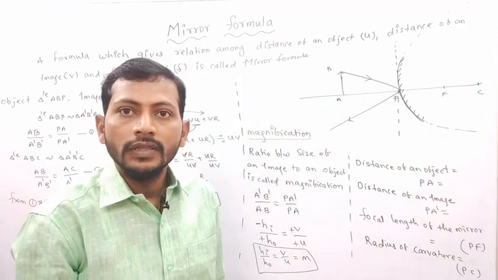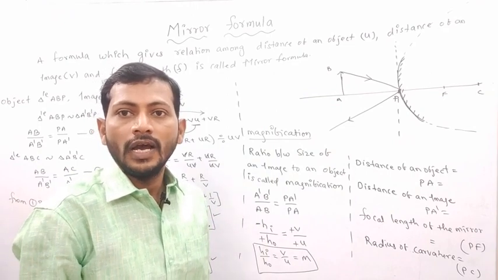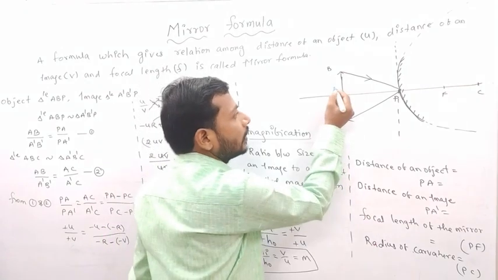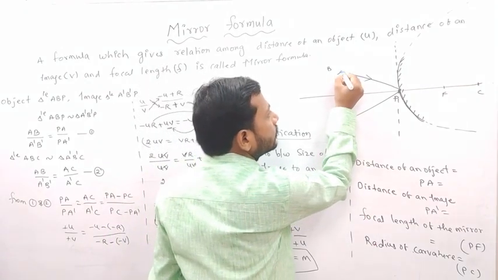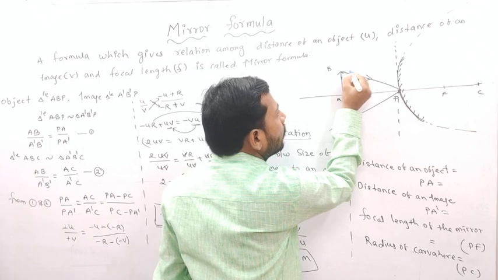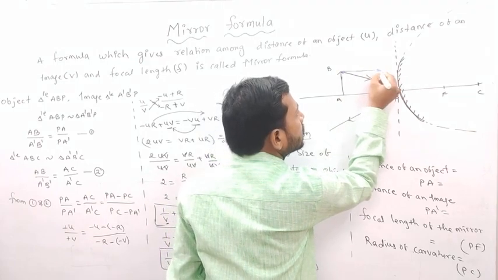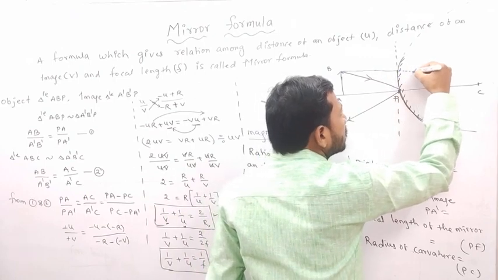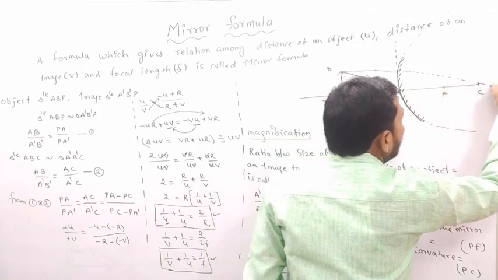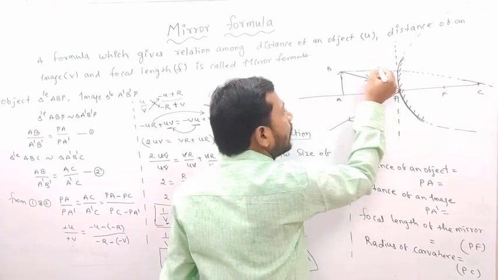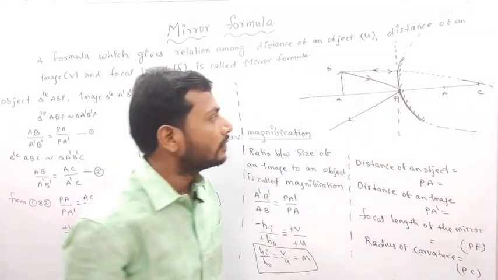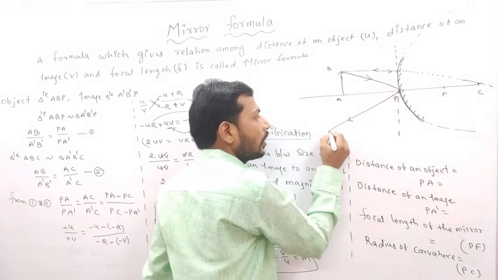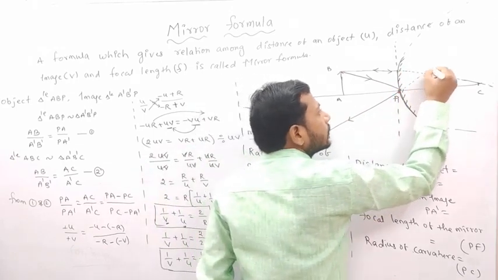Very good. Next, I am going to take another ray from the centre of curvature. Just observe, children, if the ray is coming from the centre of curvature, it will get reflected in the backward direction. When you want to complete the image diagram, you have to prolong this also.